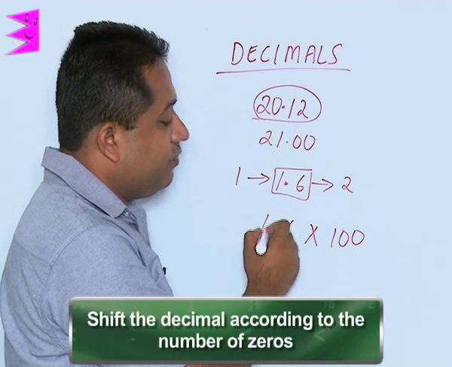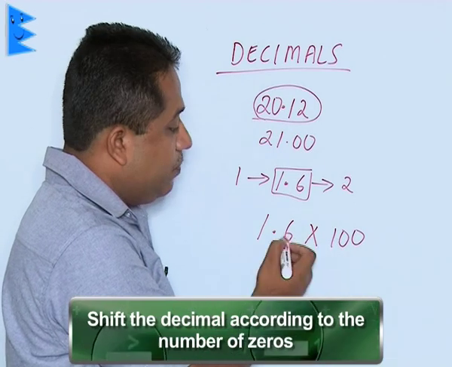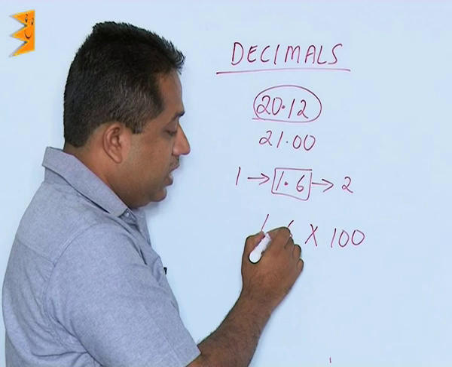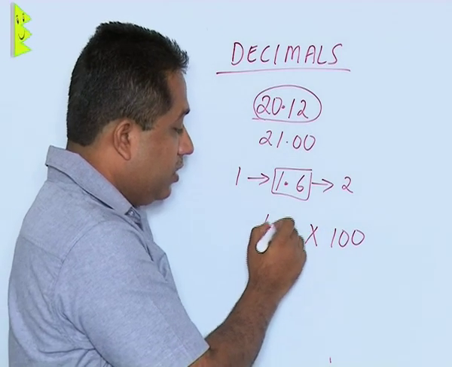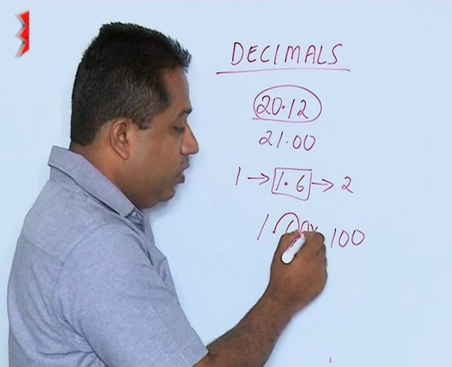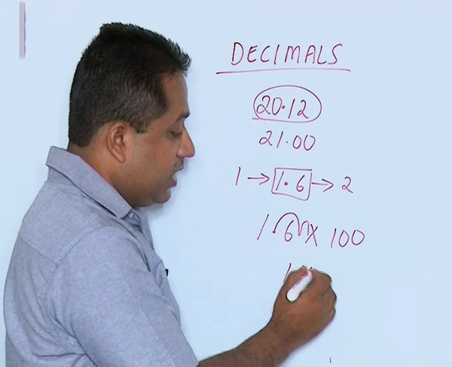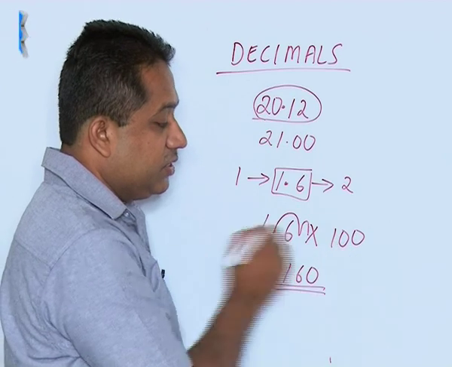You just have to shift the decimal according to the number of zeros. So, 1.6 into 100 implies that the decimal has to be shifted two places to the right. So, it becomes 16, and it is going to shift one more place, so I will get 160. So, 1.6 into 100 is 160.